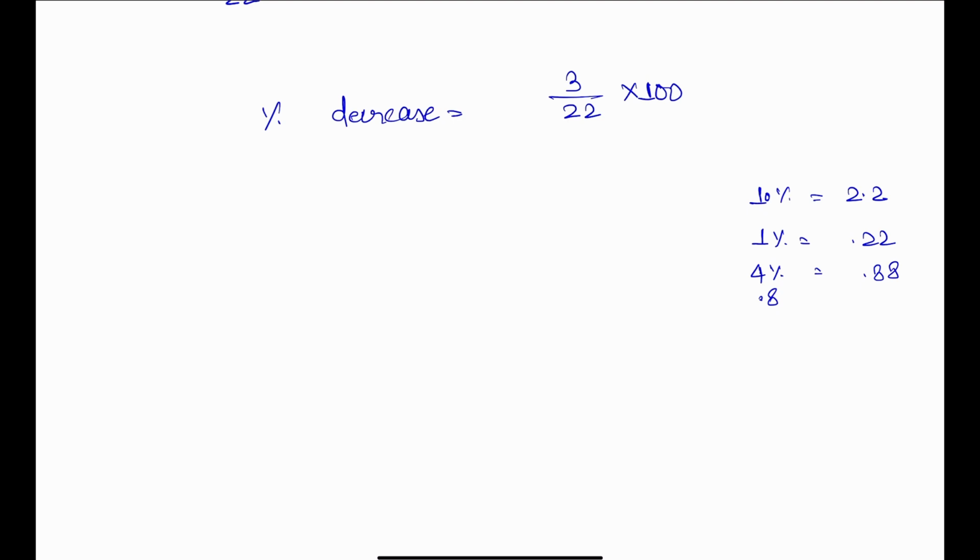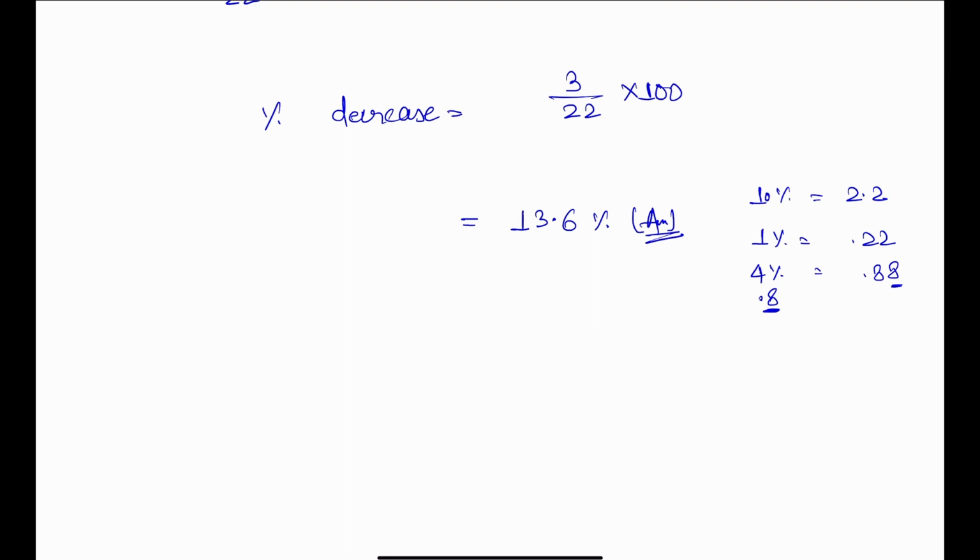So it will be something about 13 point something, about 13.6.